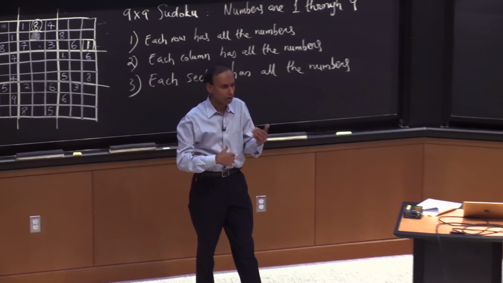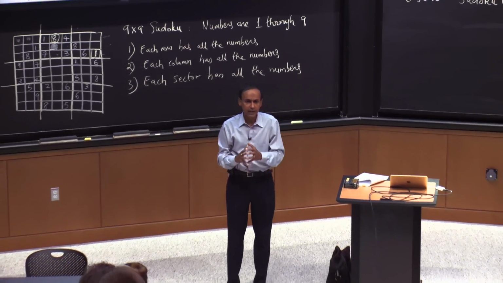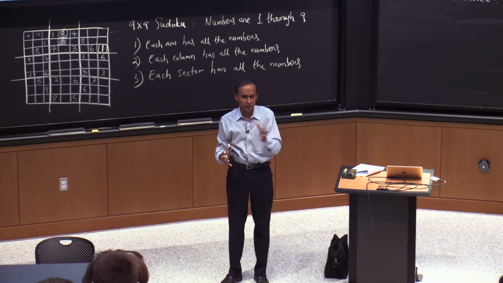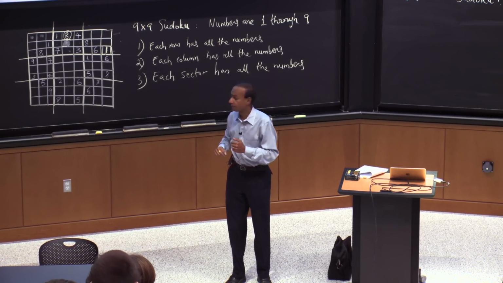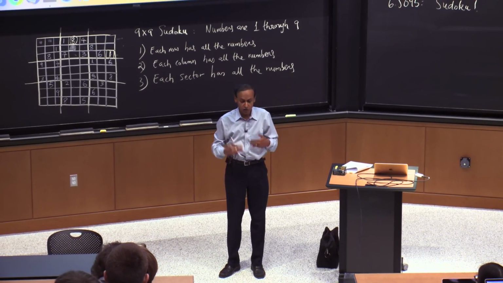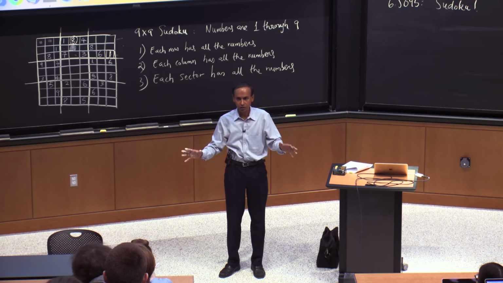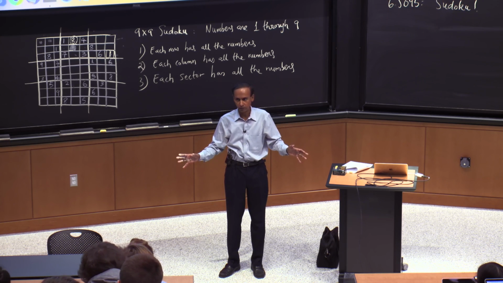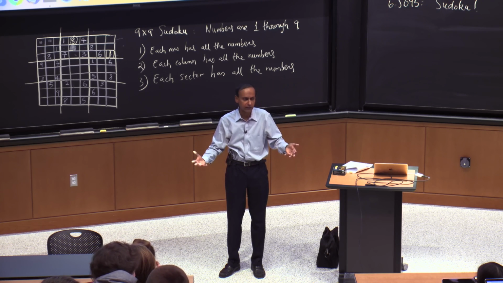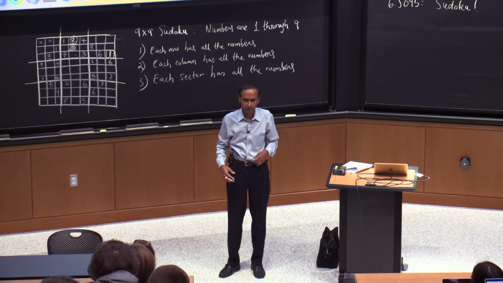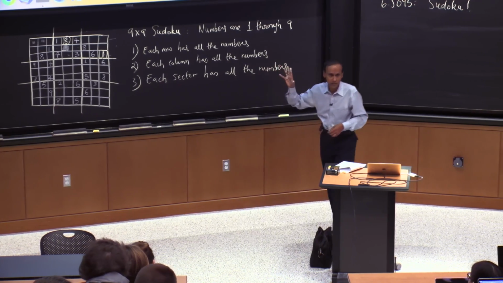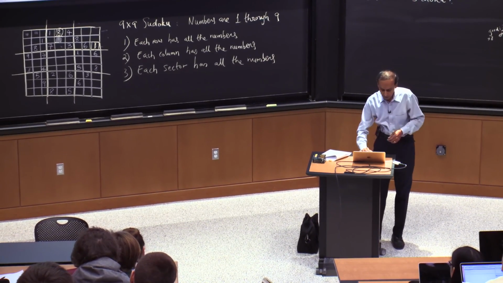Just like I could go column by column or row by row, as long as I have a deterministic way of discovering the empty location, and usually you want to have the same way of discovering the empty location, but even that is not a requirement. As long as there's an empty location and your find next cell to fill finds that empty location and returns it to you, you're good, and the rest of our code is going to work, right? But there's no reason to get more complicated than what I have up there, right? So find next cell to fill makes sense, right? We're good with that? All right.